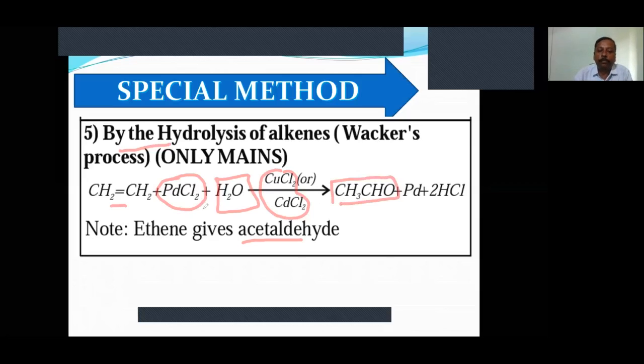So frankly speaking, as a shortcut, I will tell you the mechanism with a simple method. CH2, here water, how will you write? HOH. Understood? So then what will you write? You will write oxygen, CH3. Then oxygen only will go here. This double bond will become a single bond.